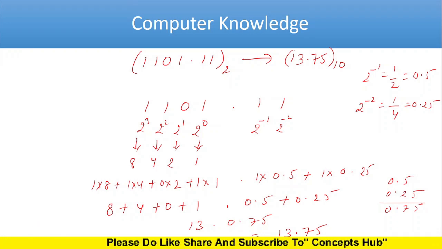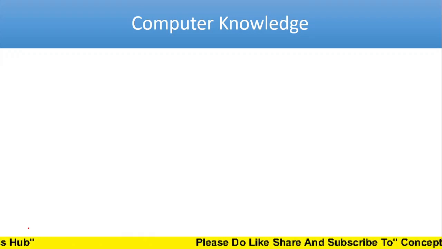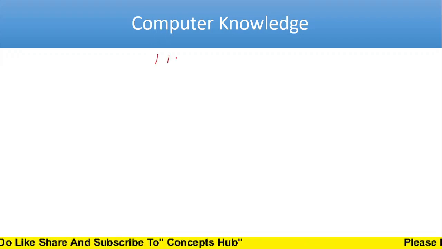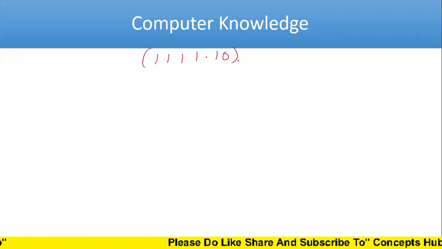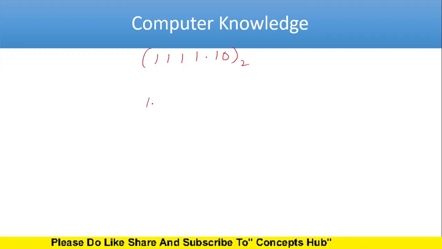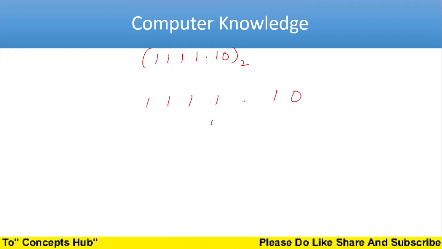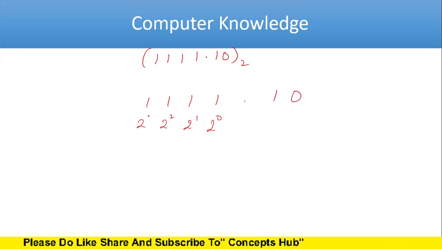One more problem from binary to decimal, and then we'll shift to binary to octal or binary to hexadecimal. So 111.10. What I'll do, we'll write down 2 to the power 0, 2 to the power 1, 2 to the power 2, 2 to the power 3.